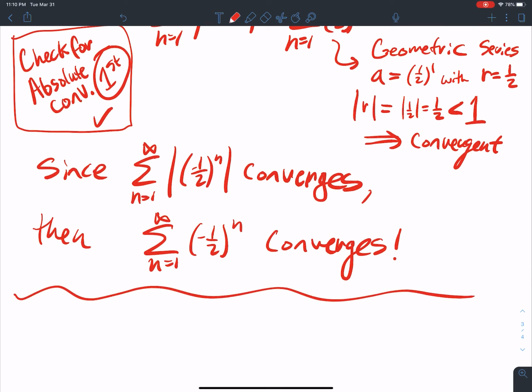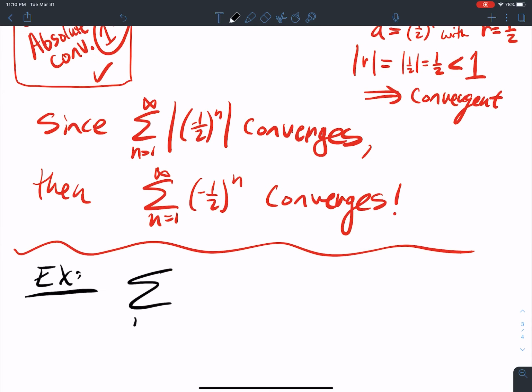Next up, the series n equals 1 to infinity, (-1)^n over n. We've already worked this problem a couple of times, but I want to show you how to work this problem using our new toolkit. It's always fun to get more tools, right? So how do we do this?